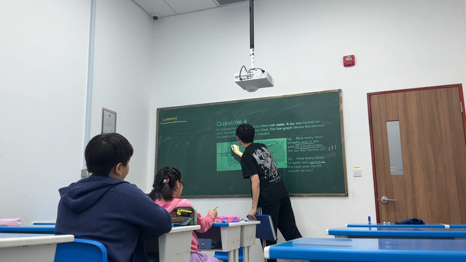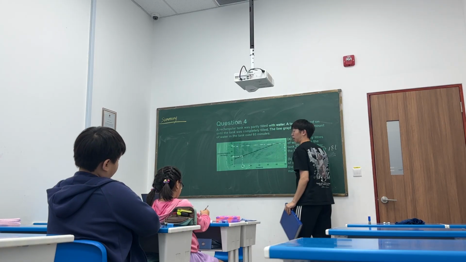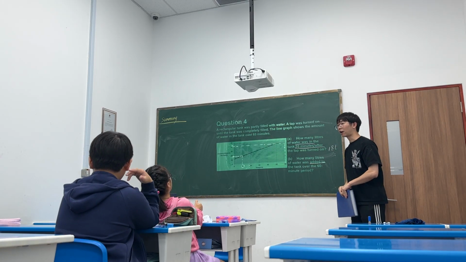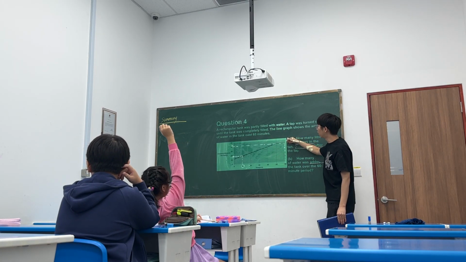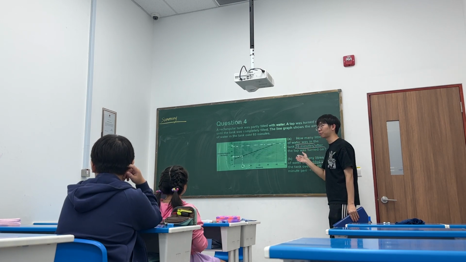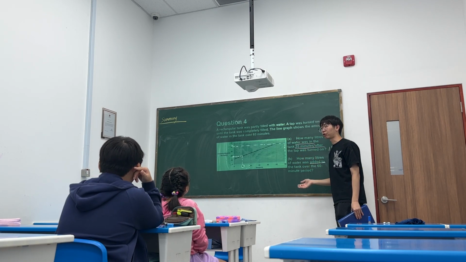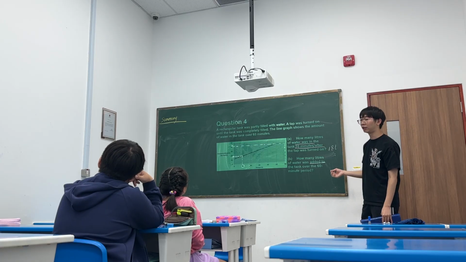And this value is 42. Alright, but at first, we need to use the amount of water at last minus the amount of water at first to compute the amount of water added, right?